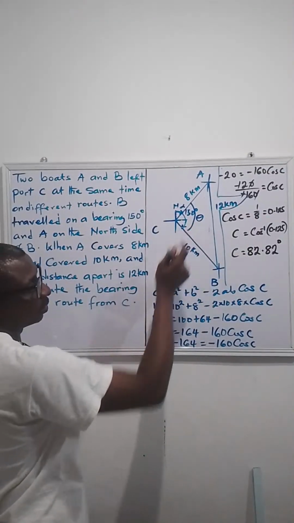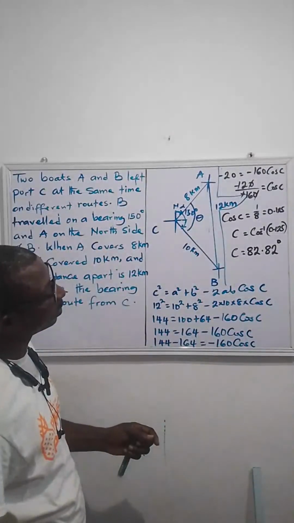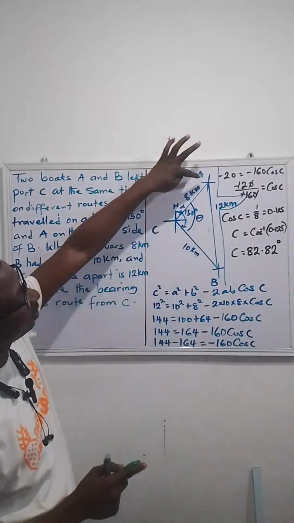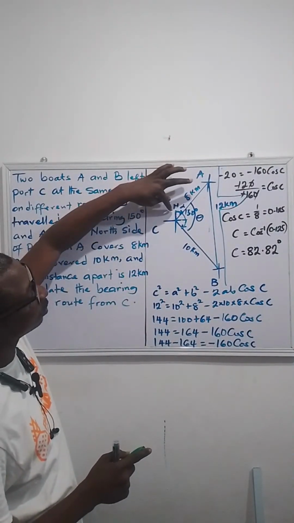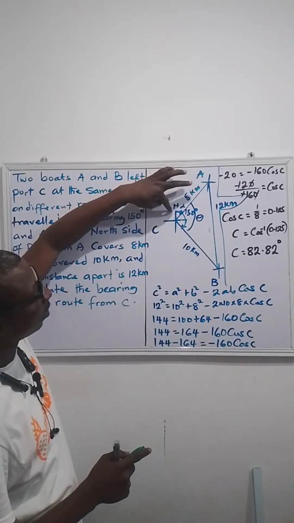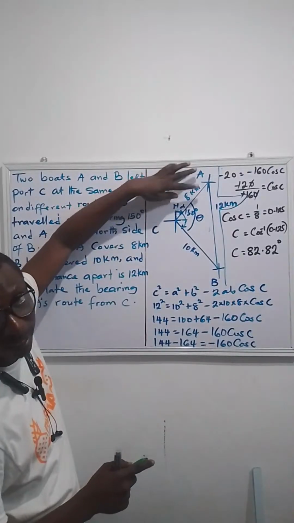C is theta. Now what we want is the bearing of A from C. I come from the north of C and measure down until I get to the line connecting A and C.